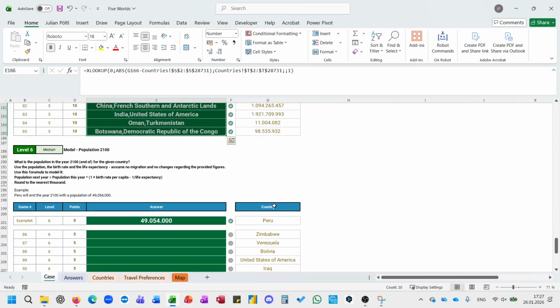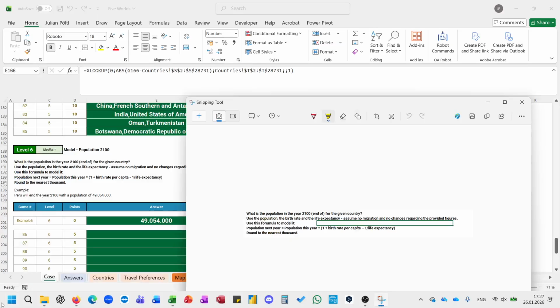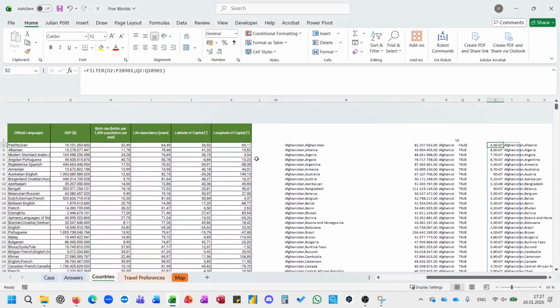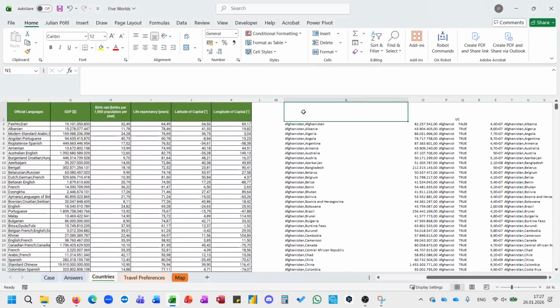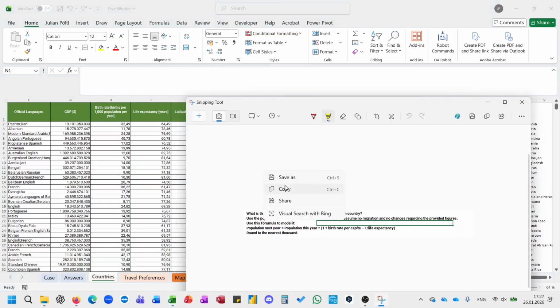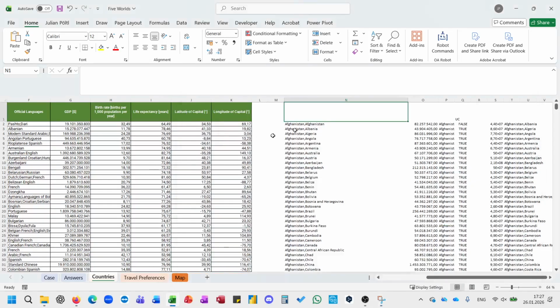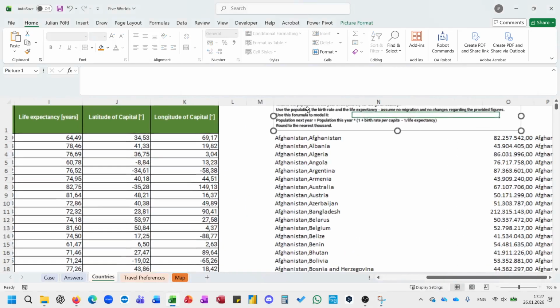So last one, we want to model the population. It's actually snipped already. I would need more space, but you can also have this in here.